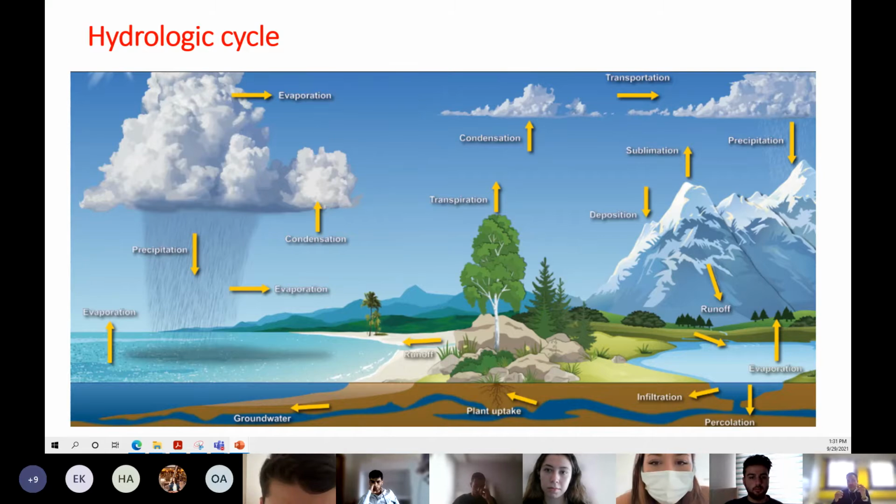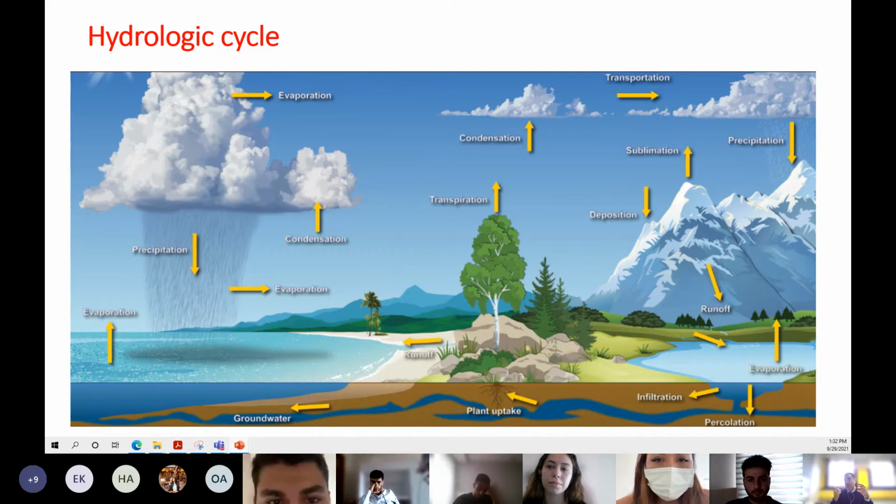you see different arrows in different directions. Some of them are downward, some are upward. In general, you can assume a control volume with some water, for example. All of those arrows show where water moves. Some water can come into the control volume.